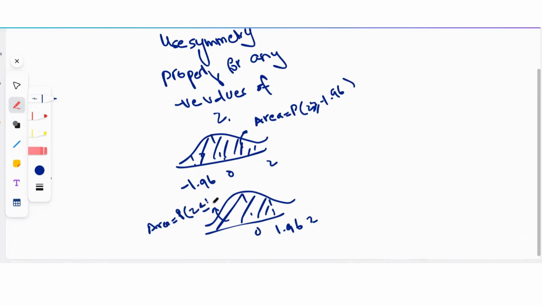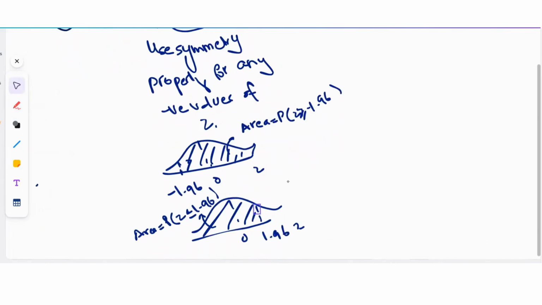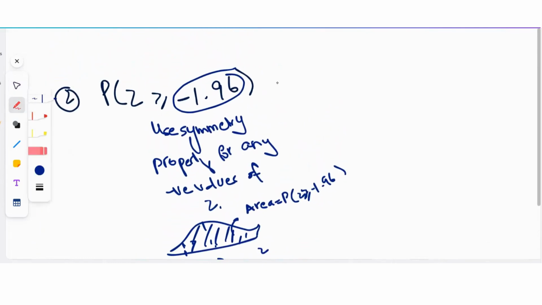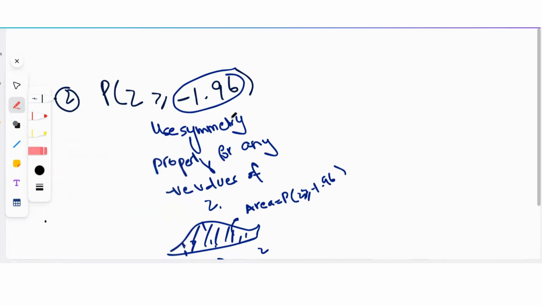The probability Z is less than or equal to 1.96, right? Basically by symmetry, because the normal random variable is symmetric around its mean 0, the probability that Z is greater than minus 1.96 is the same as the probability Z is less than 1.96. The first step is always, if you have any negative values of Z, you rewrite it in terms of positive values of Z using the symmetry property.